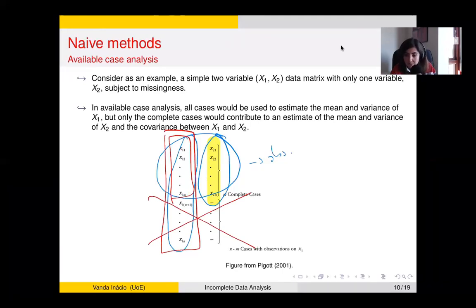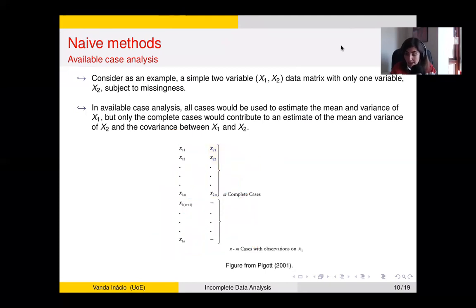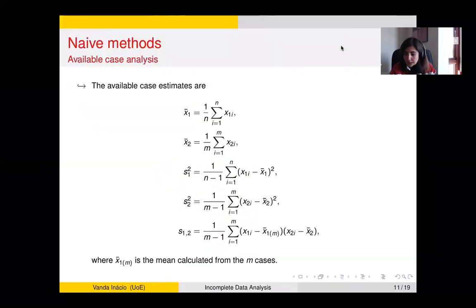And we should be aware that when computing the covariance between x1 and x2, only the pairs of individuals that are completely observed will contribute. So we will only use these to compute the covariance or the correlation between x1 and x2. And this is exactly what we have here.